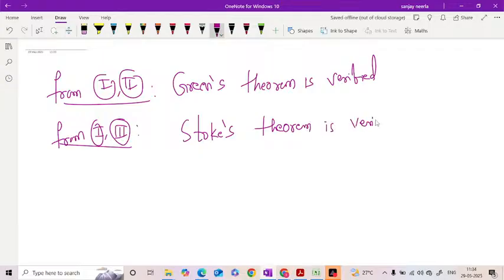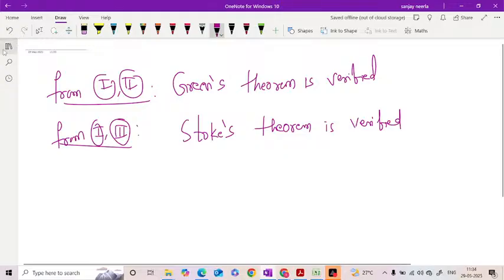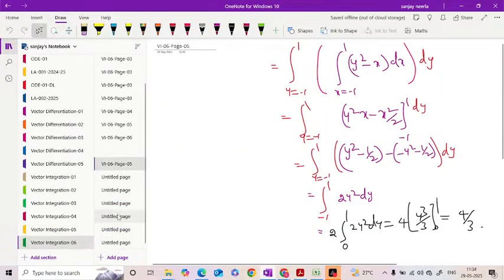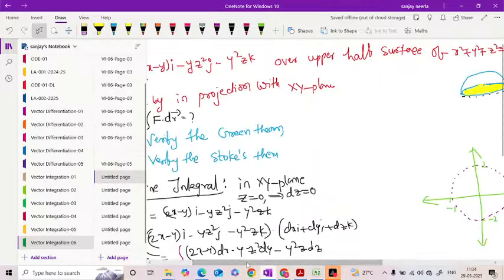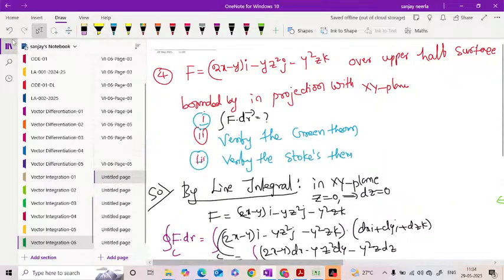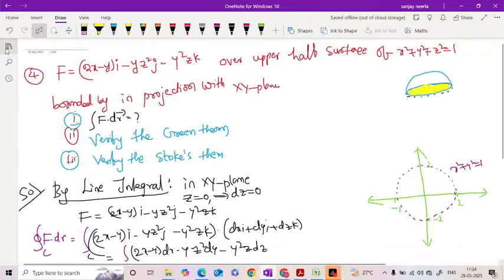Stokes theorem verified. Okay. So finally, sometimes they will give the question like this: just evaluate the line integral. Evaluate the line integral means we can take any one of the options. That means you can apply the normal line integral approach, or you can apply Green's theorem, or you can take Stokes theorem.